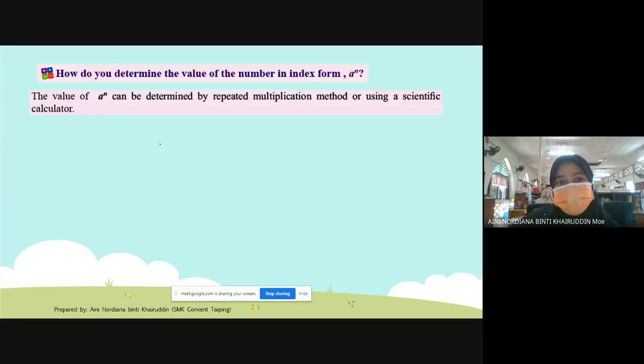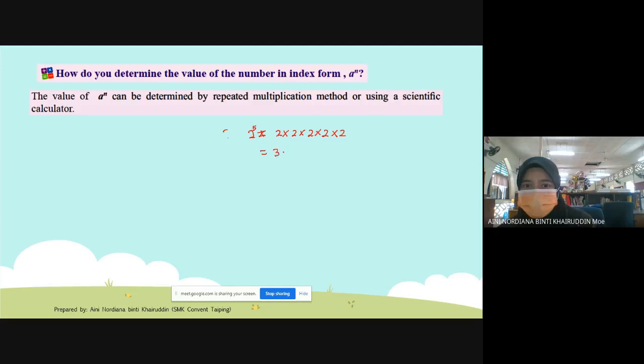That means if you want to find the value of 2 to the power of 5, you have to times 2 five times: 2 times 2 times 2 times 2 times 2, 1 2 3 4 5. 2 times 2 is 4, 4 times 2 is 8, 8 times 2 is 16, 16 times 2 is 32.